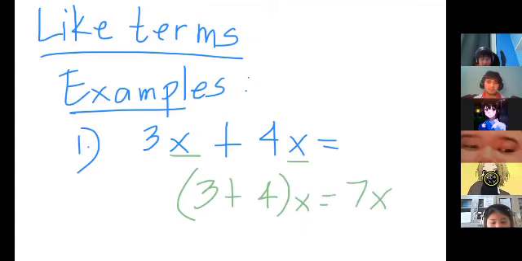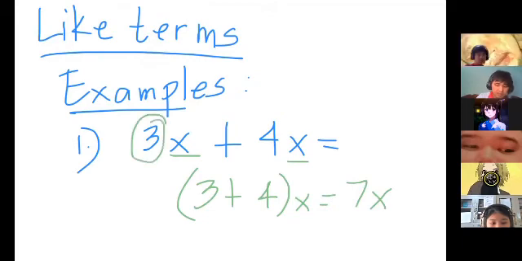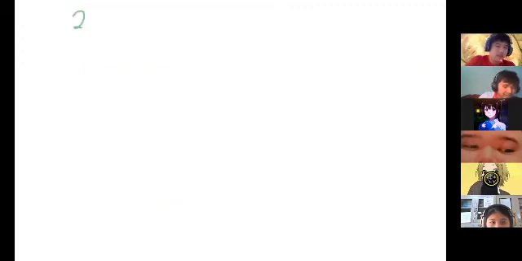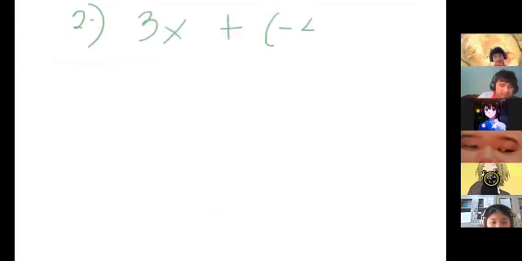All right. So what do you do? You just add the coefficients, or the numbers. We call them coefficients. All right. Okay, so let's have another example. If I have 3x plus negative 4x, what's the answer?